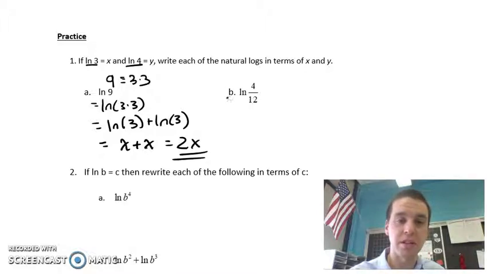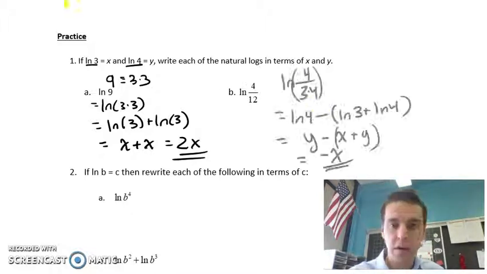So I want you to pause the video and do B. You're going to be using the quotient rule and power rule here, and I'll show you where we usually make a mistake after you try it. The mistake that is usually made: everyone can see that the 12 can be 3 times 4, and the 4 stays on top. Then we're going to use the quotient rule, subtraction, but this is where we usually forget things.